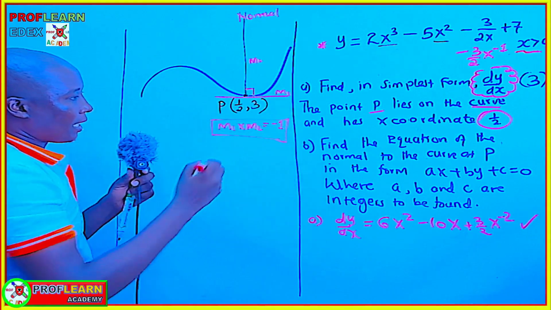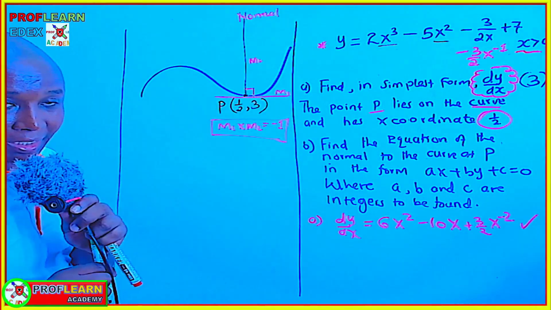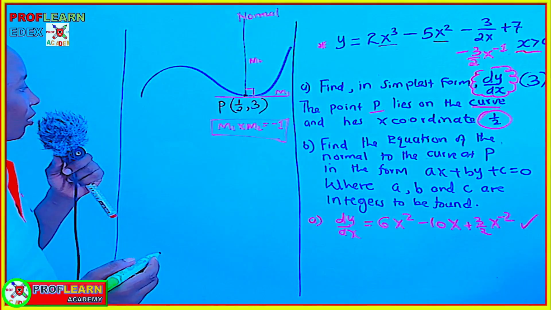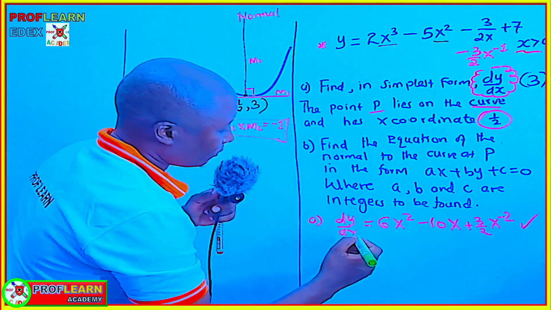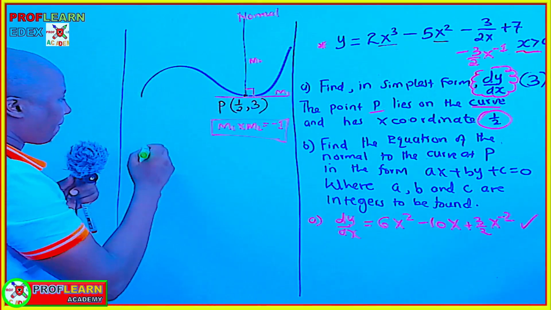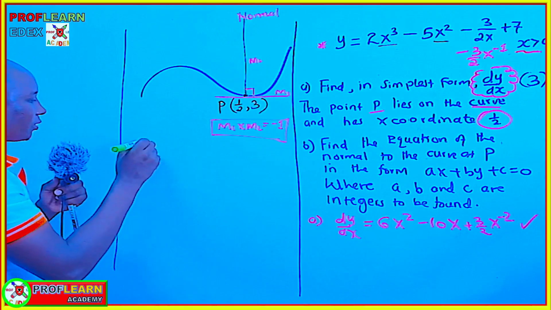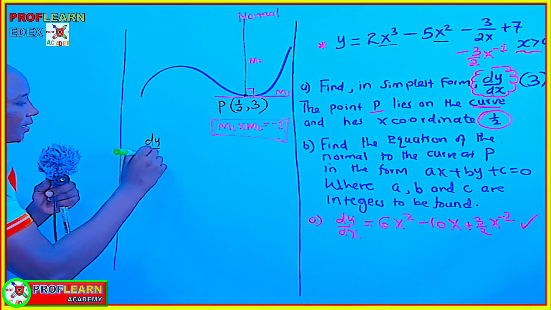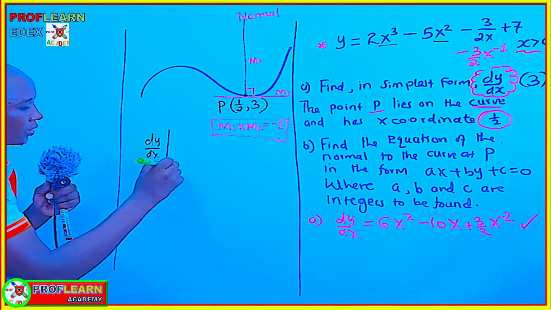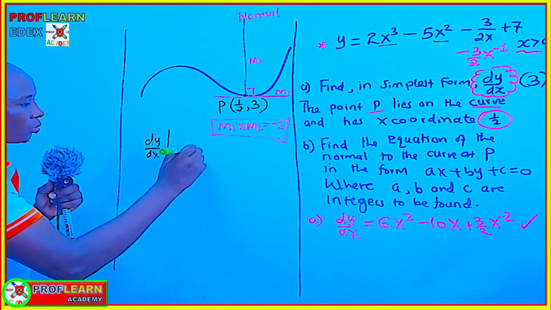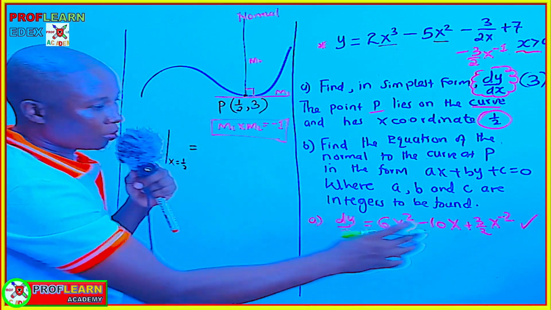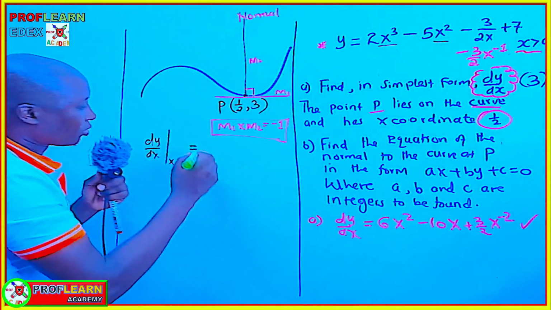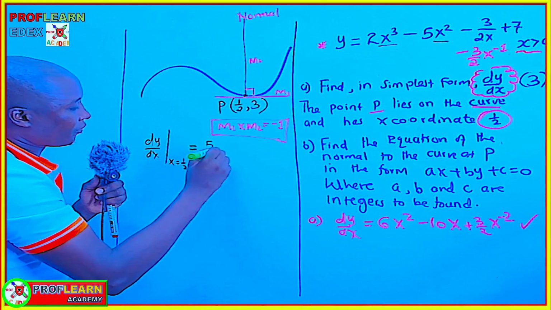So how are we going to find the gradient of the normal? We are going to substitute into the gradient function dy/dx, x equals 1 over 2.